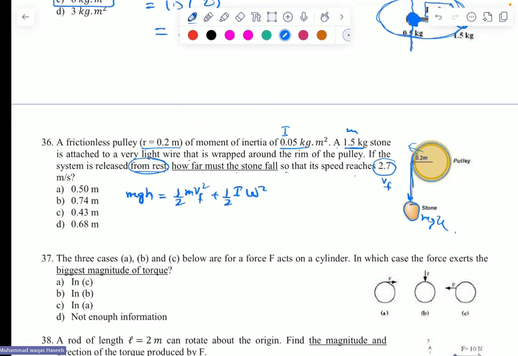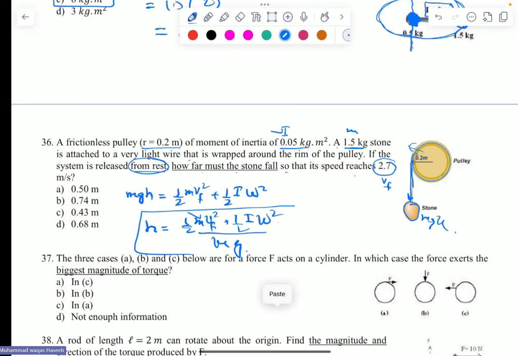So here we need to find h, which is (1/2 m vf squared plus 1/2 I omega squared) divided by mg. We have m and we have I, but we don't have omega, so we need to find omega. v is equal to r omega, so omega is v over r, which only needs the final velocity.